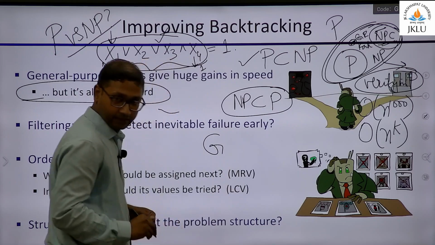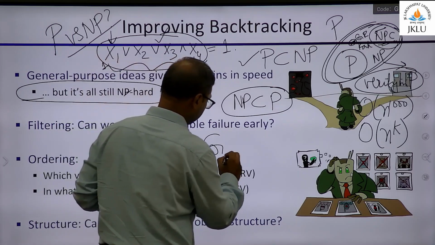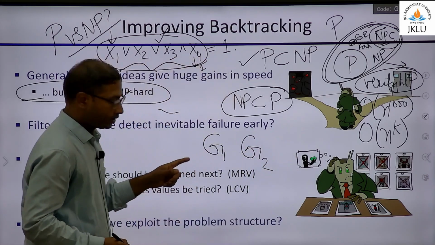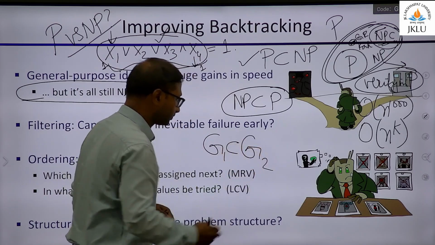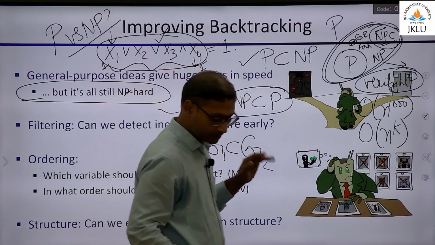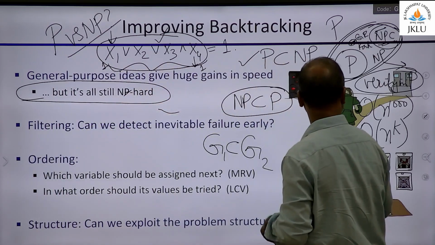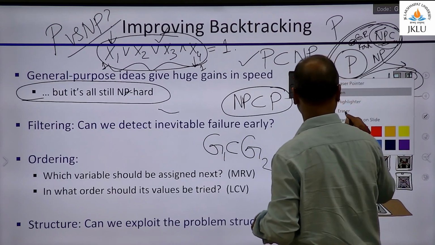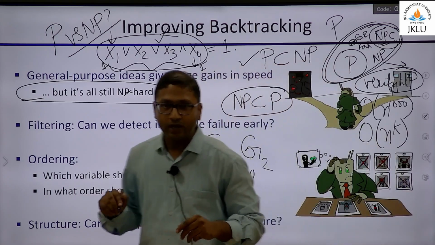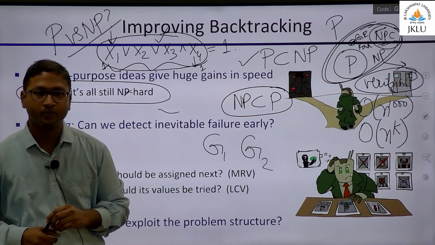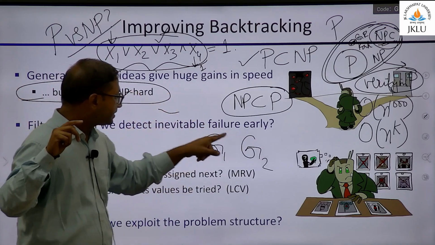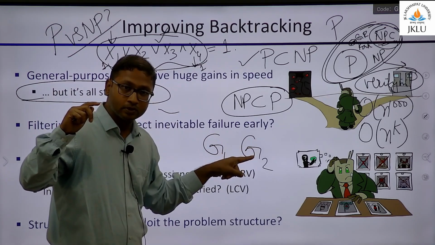there is a graph G1, there is a graph G2. So there are two graphs given, G1 and G2.